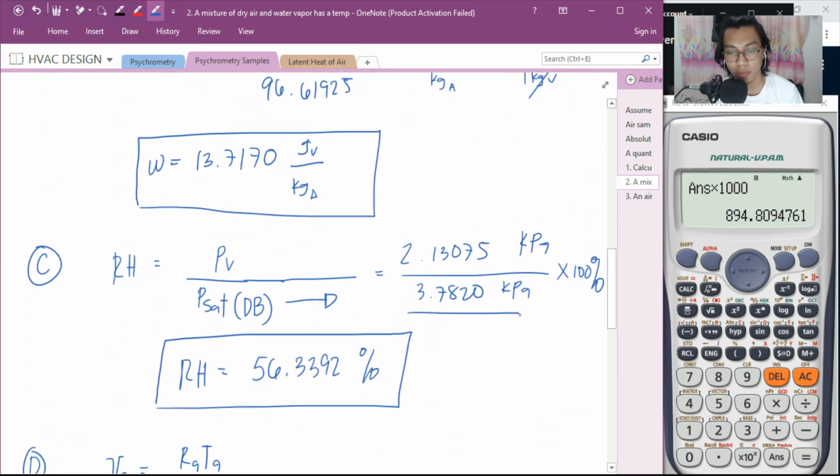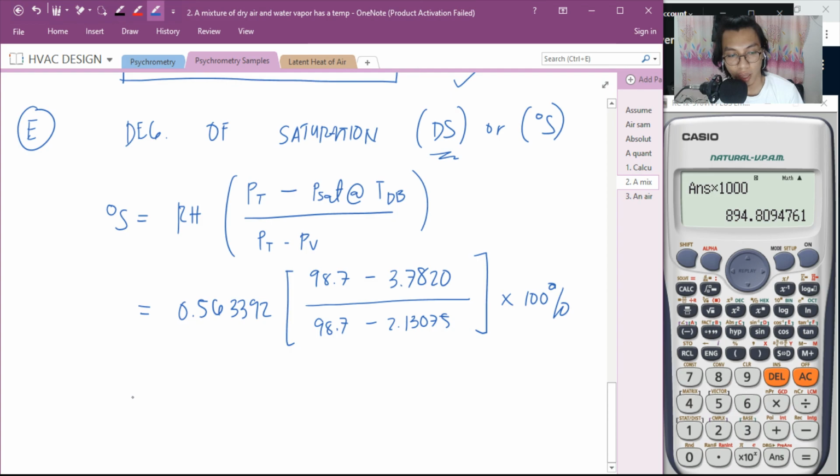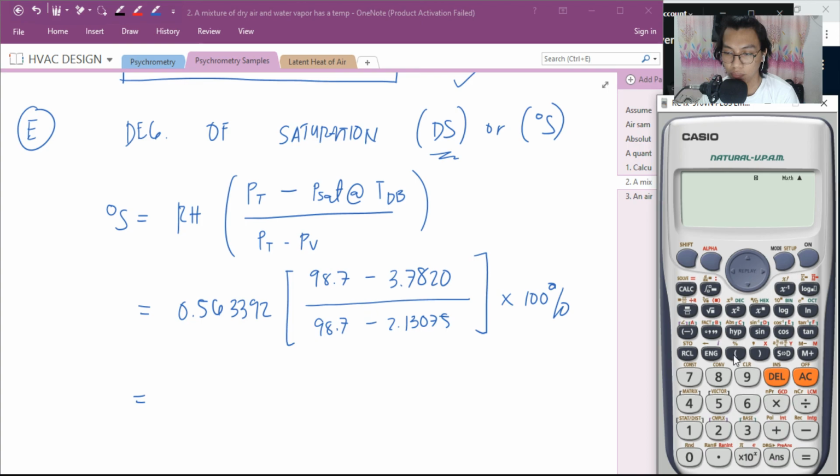Ito, 3.7820 divided by PT, 98.7 minus PV, 2.13075. So, the degree of saturation, multiply mo ng 100%. That is labas na.